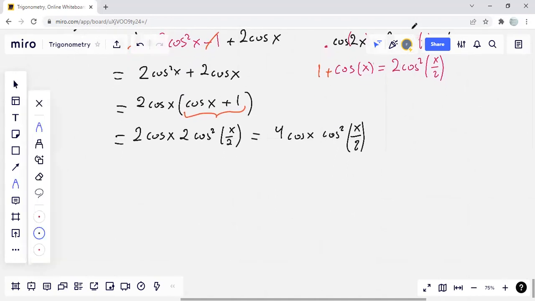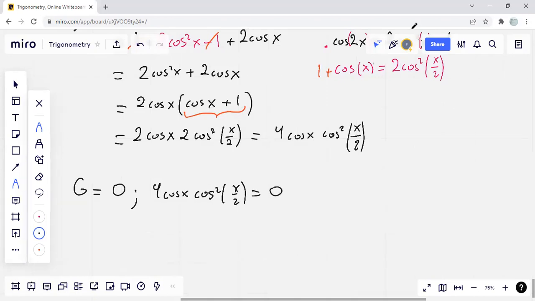In the same part, they asked us also to solve g equal to 0. So this means that 4 cosine x cosine squared of x over 2 is equal to 0.